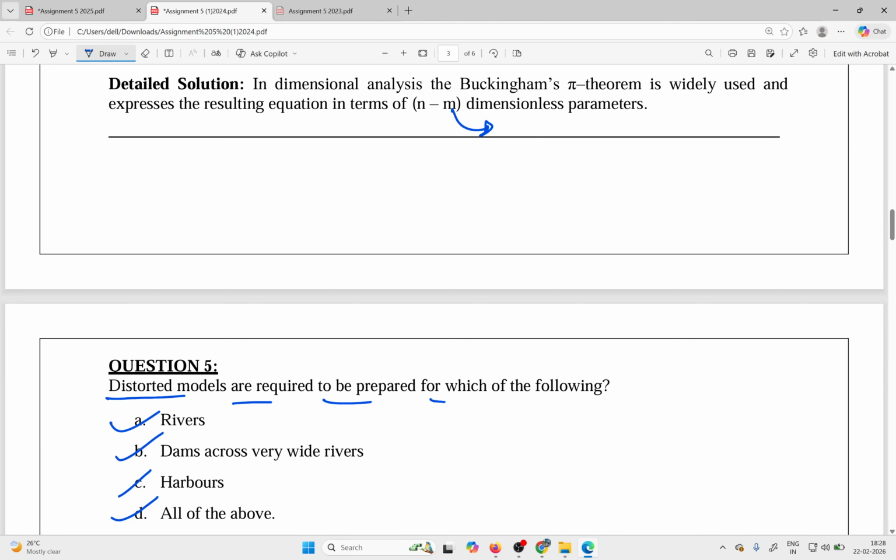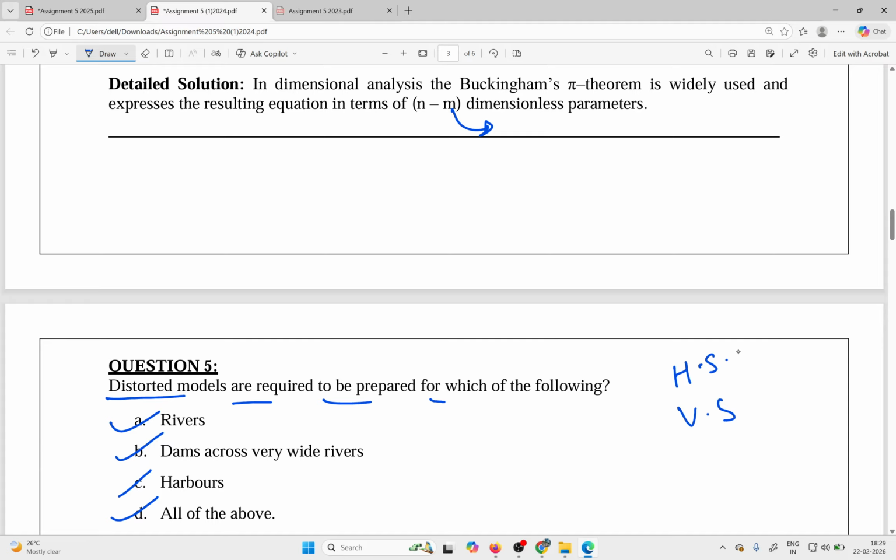Distorted model. Distorted model means, I'll tell you simply, you have some horizontal scale and you need some vertical scale for modeling. You need dynamic similarity, you need kinematic similarity, all of these things you need.